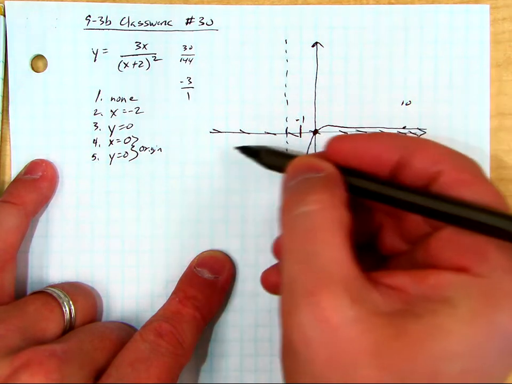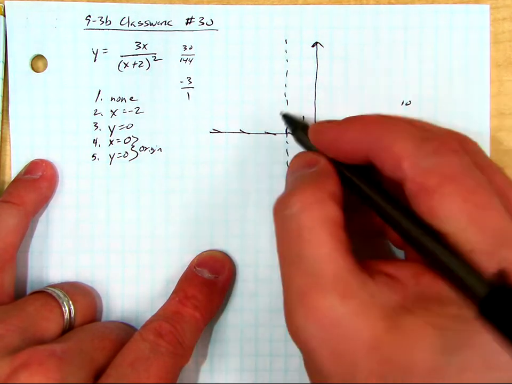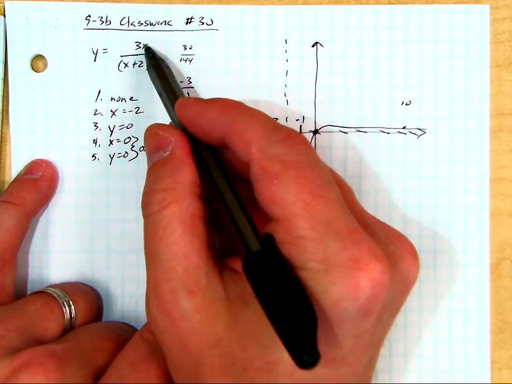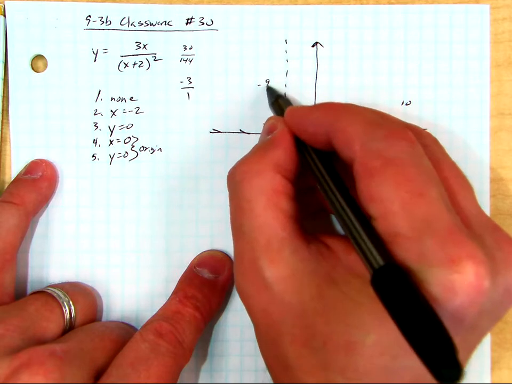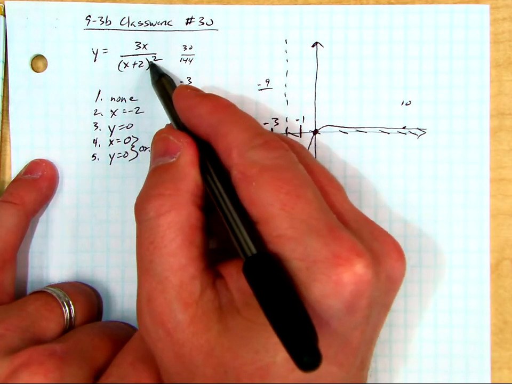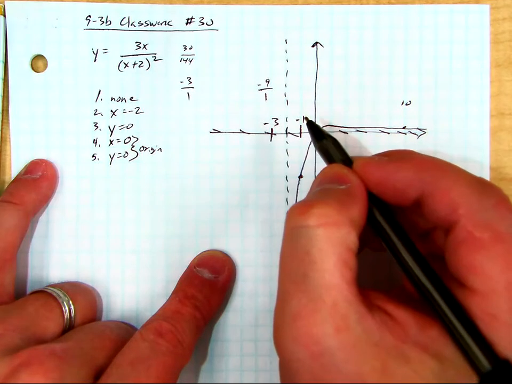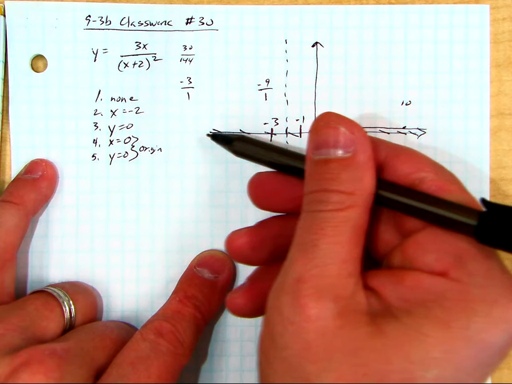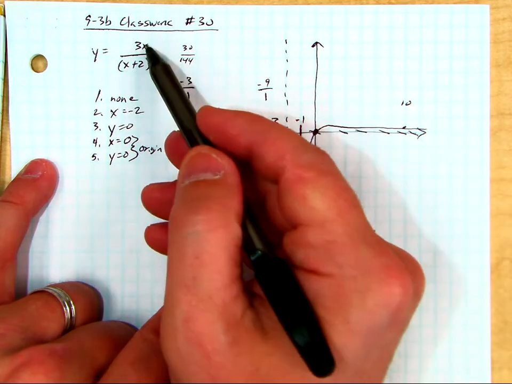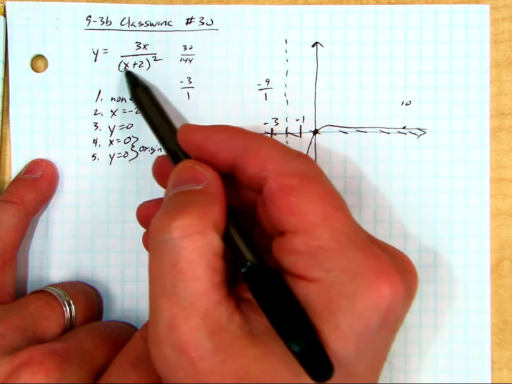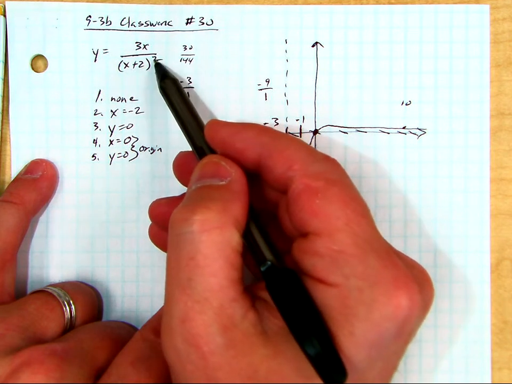Let's check over on the left side of this asymptote. Let's try -3. -3, if I plug that in there, I get -9. -3 plus 2 is -1 squared is +1. Aha! So because when all the x values are negative on this side, that's going to keep the numerator as a negative number, but when I square whatever it is, it's going to become positive.